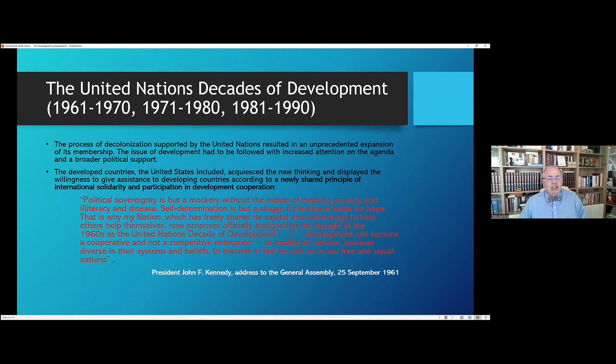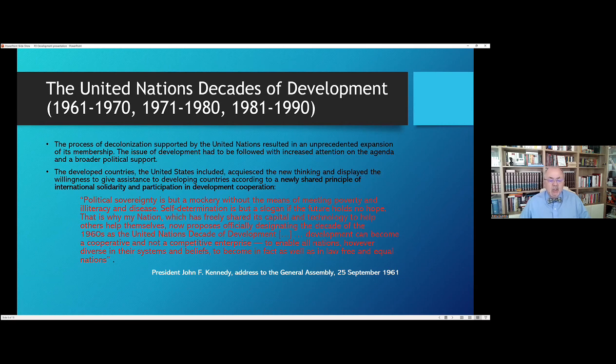I said it was a surprise to see that actually the country that proposed these decades was the United States, with a very important statement made by President John Fitzgerald Kennedy, who addressed the General Assembly in 1961. I'm reading that because it is important and it makes sense for the history that followed that event.